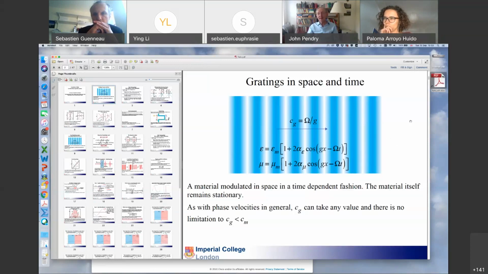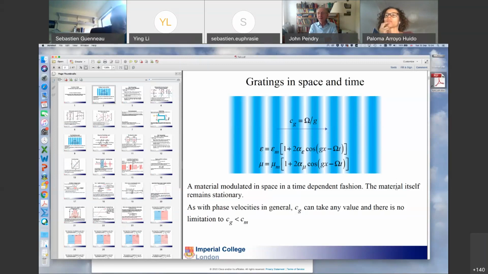Then you could access all sorts of things like optical activity and so on. I wouldn't like to have to prove it, but I think that if you have a time-dependent system, then you could probably mimic all the parameters of the constitutive relations and generate them in some material in some form. I believe that's a true statement, but it's just off the top of my head.